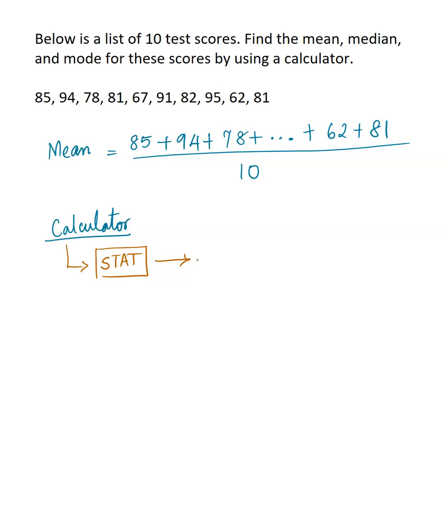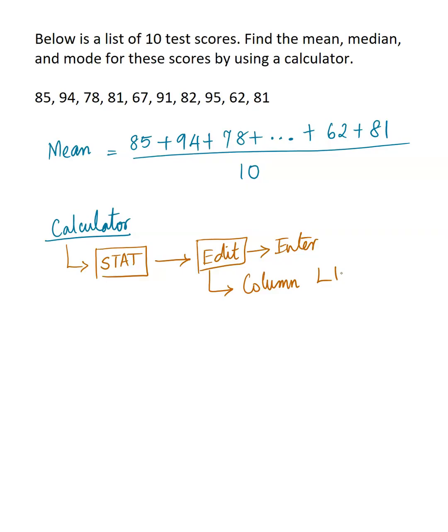And then we go to edit, which you will enter. And then fill column 1. So column L1 is where you will enter the values 85, 94, 78, and so on. After that, you have a list now residing there.